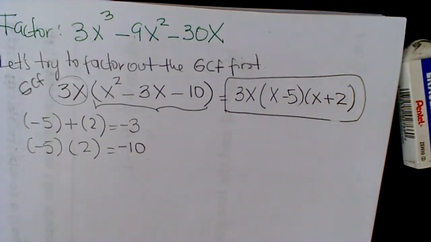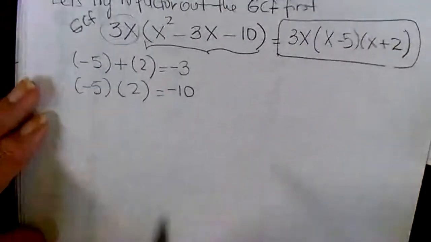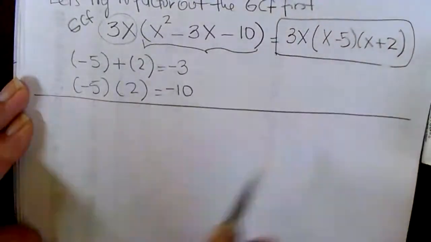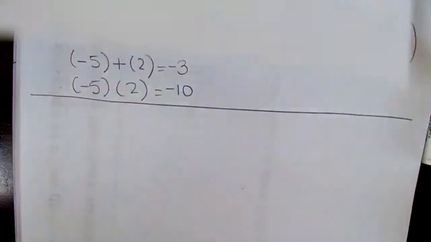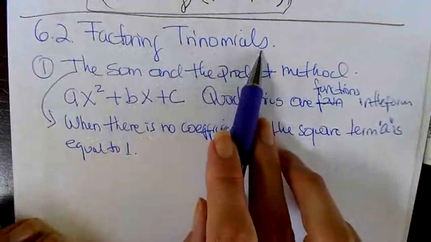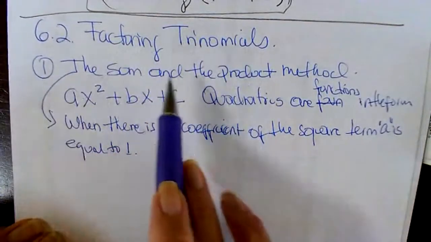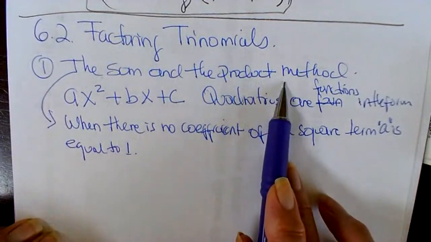Now we're going to do the next method. We're factoring trinomials. The first method was the sum and the product method.